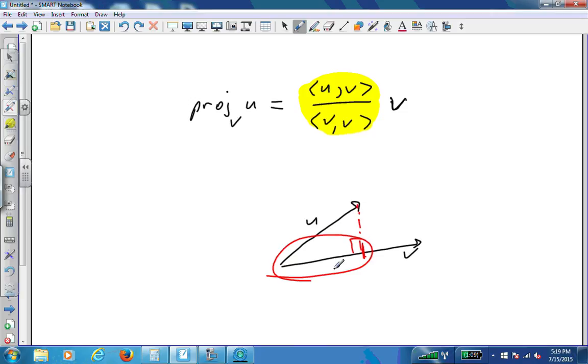So the length of that is given by this part.